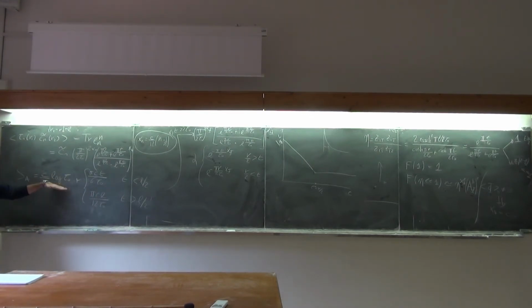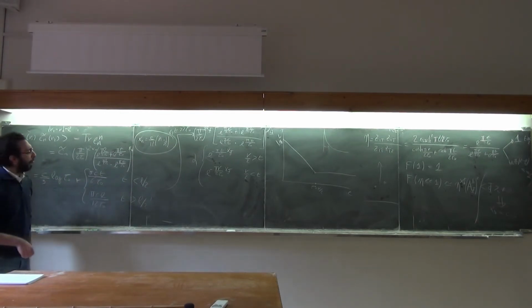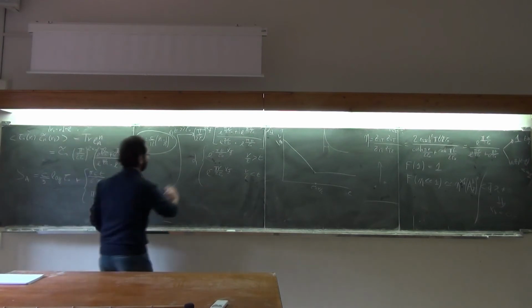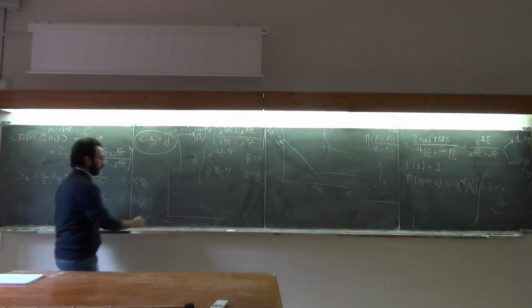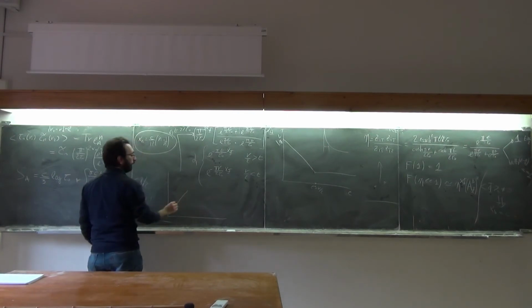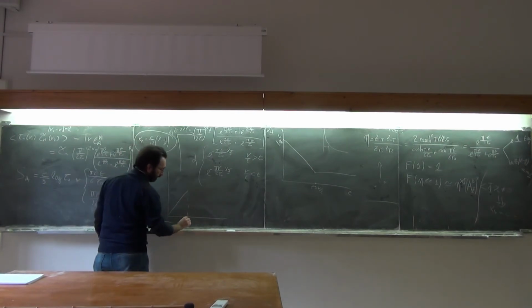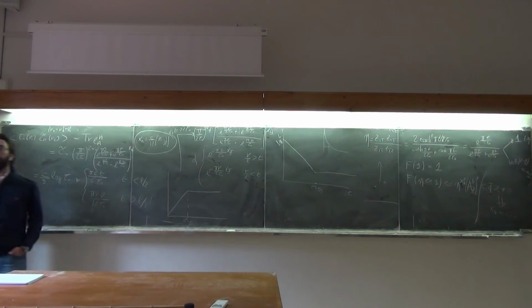So this bit is completely compatible with the fact that for very small time we end up in a theory where tau naught takes the role of the inverse mass. Then the entanglement entropy, if we plot it, grows linearly with time, and at time t star equal to L divided by q, it saturates to a constant.